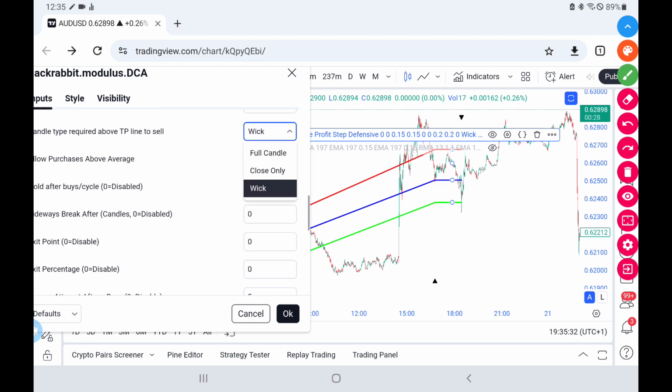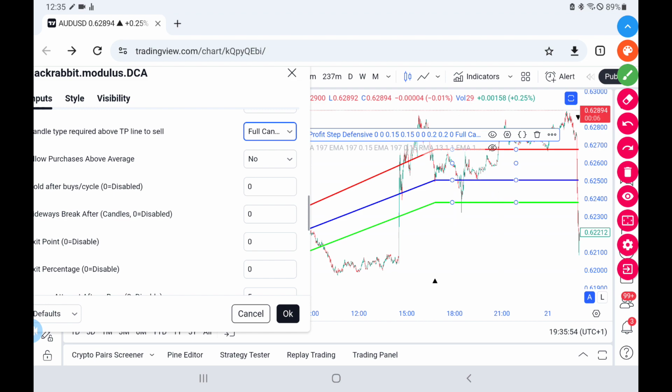So we have wick, we have close only, and let's see if this trade changes. And now let's go to full candle only. Now if we see, we just saw how it extended out the trade.